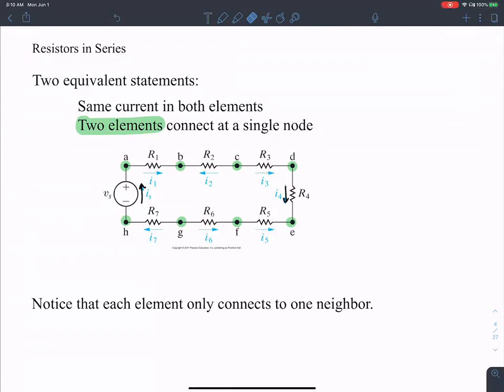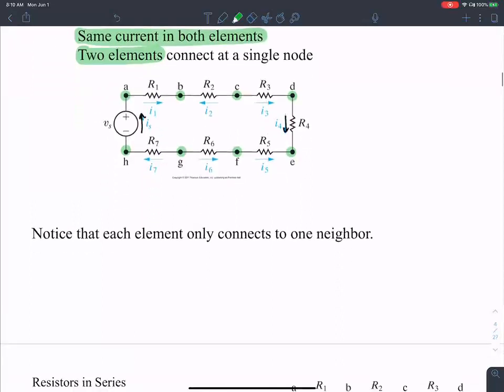Notice that each element only connects to one neighbor. The key is to identify that the same current is flowing through all the terminals, all the elements here. There is only one current that is flowing through all the elements.